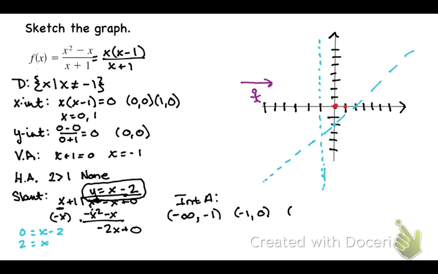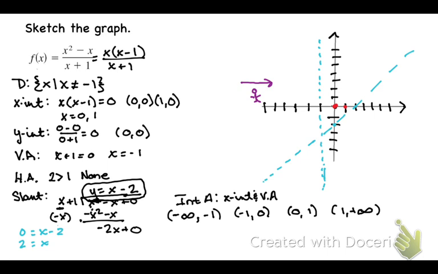I leave 0. What's my next problem? 1. And I leave 1? No, what? It's not a vertical asymptote. It's a fence laying on its side. 1 to positive infinity. The only things that make these are x-ints and VAs.